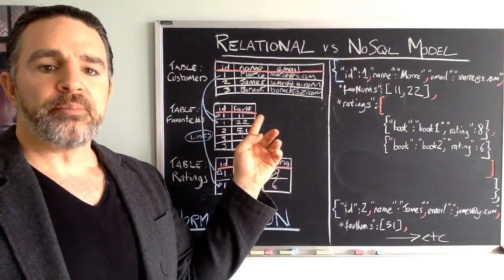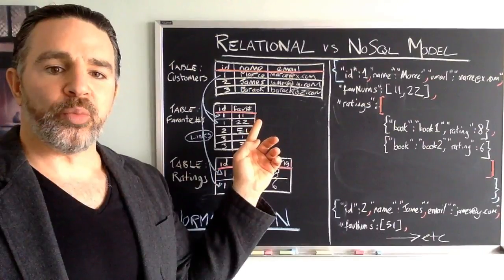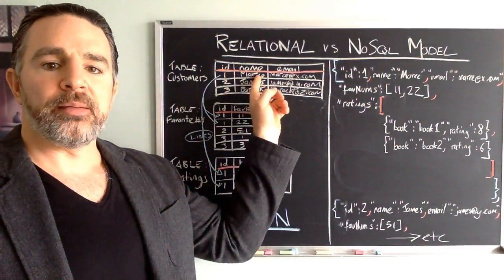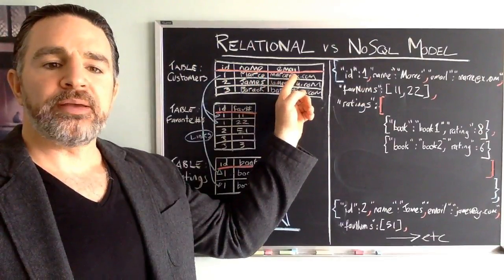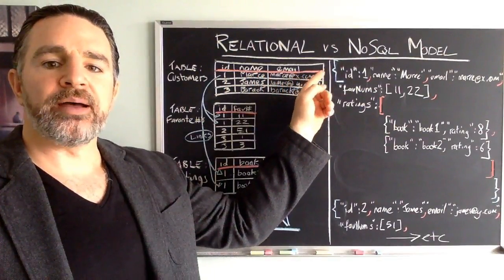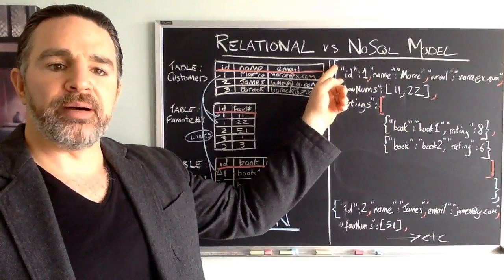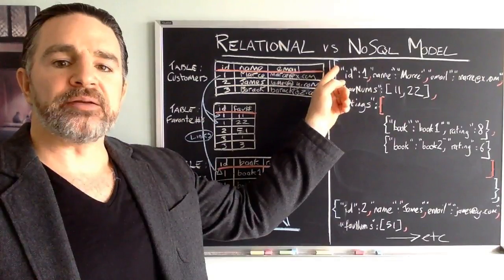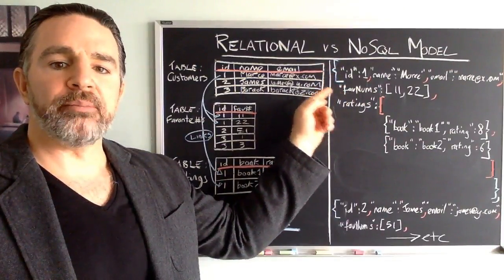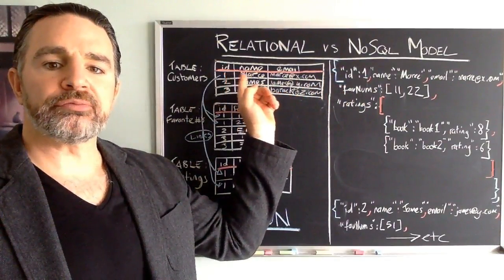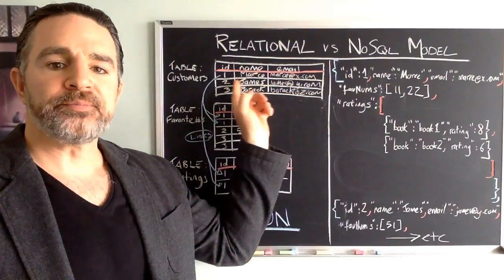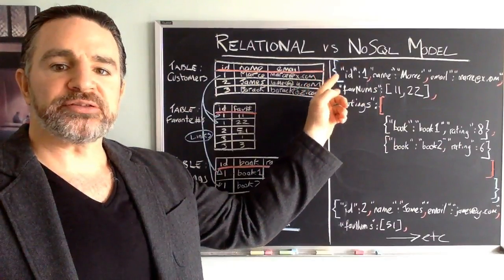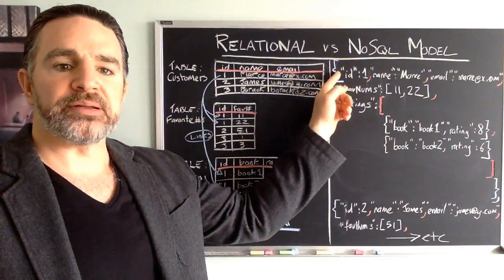Now, but what if my customers have more than one favorite number? So let's take ID number 1, Marcy. I have her email. If she has more than one favorite number, if I just added favorite number as an extra field here, and Marcy has more than one favorite number, I'm going to have to copy this entire row, make a copy, so make a second row, just so I can get her two favorite numbers.